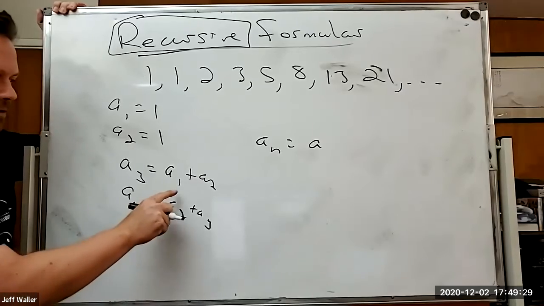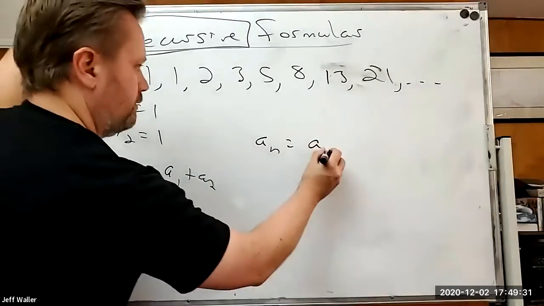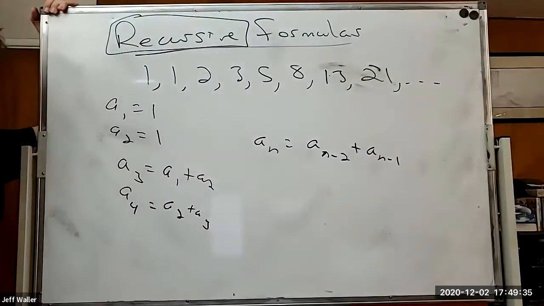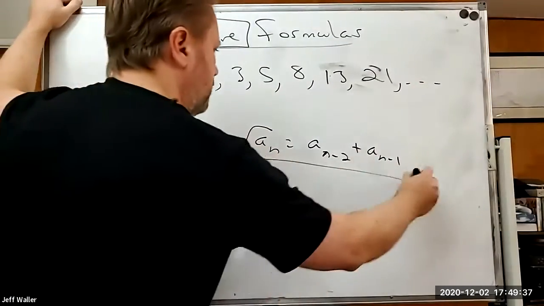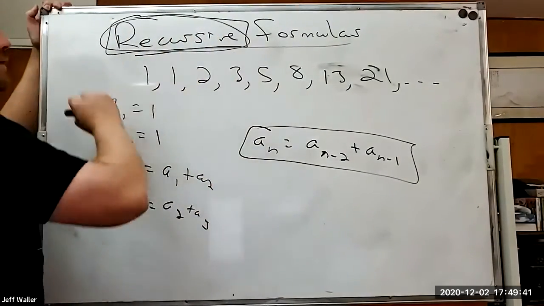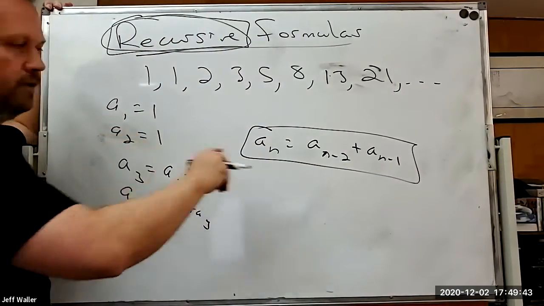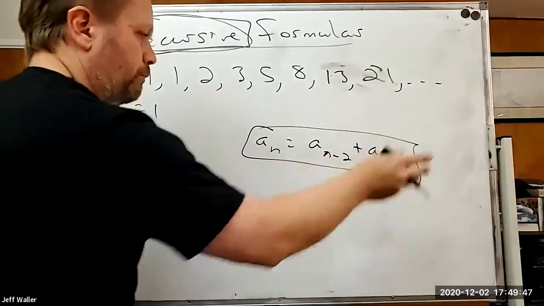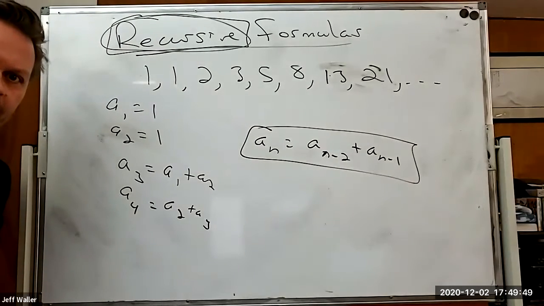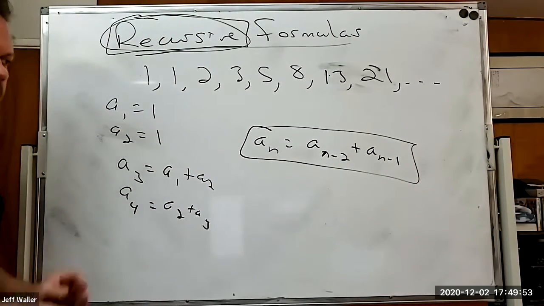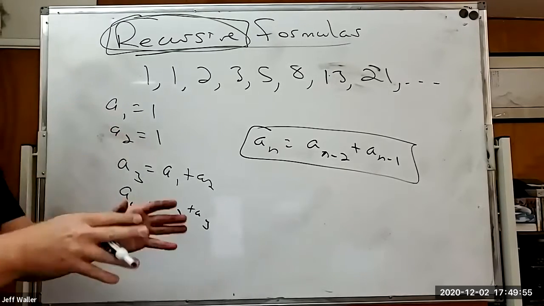N minus 2, and then n minus 1. Yes, there you go. This is a recursive formula. Recursion means it's based on itself. The next sequence element is based on one or several previous elements. So this is a recursive sequence definition.